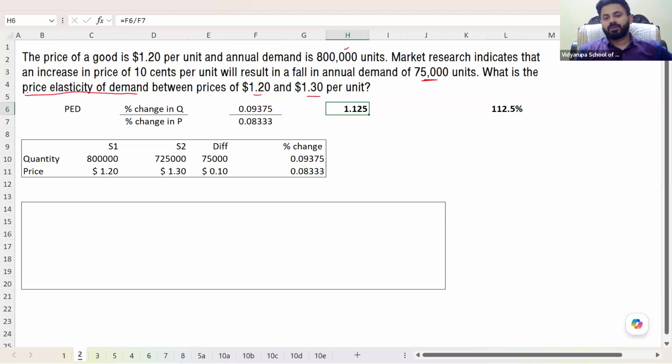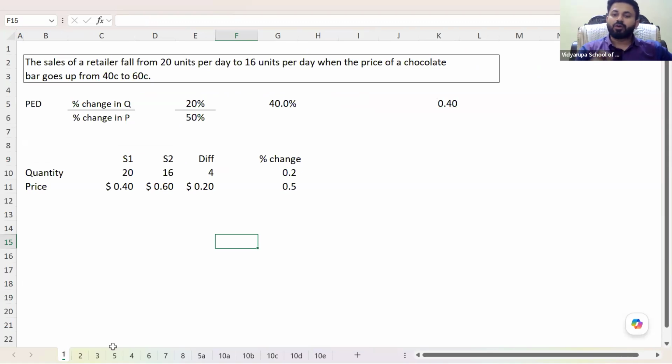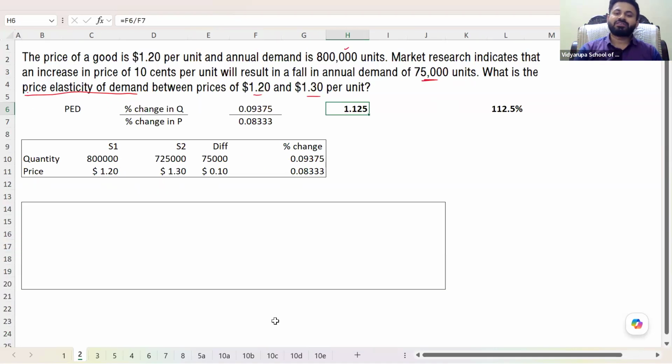So help me here. This 112.5% or 40%. Which of these will we call inelastic in nature? Which one do you think is inelastic in nature, or tell me which one is elastic in nature? This is assuming that you had learned about these things long back in your far gone memories.